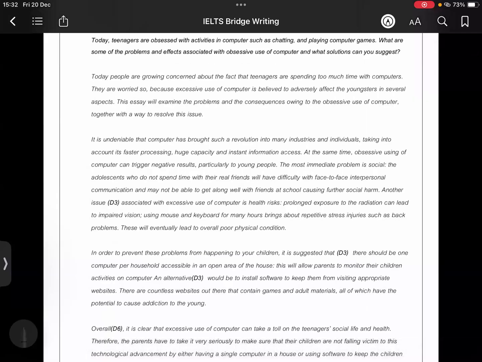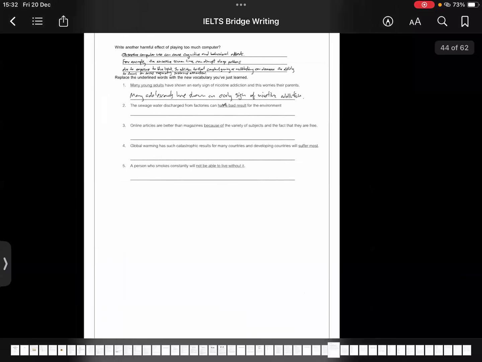So previously we used the word adolescence. What else would mean have a bad result? I think we can say adversely affect. Okay, we can use adversely affect.